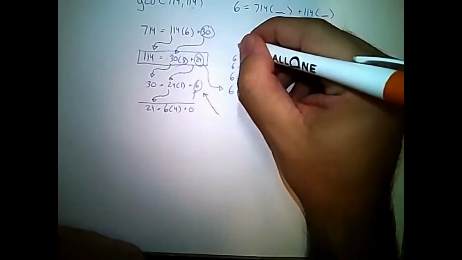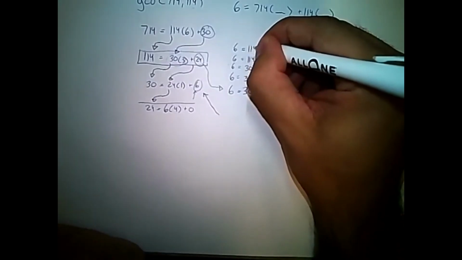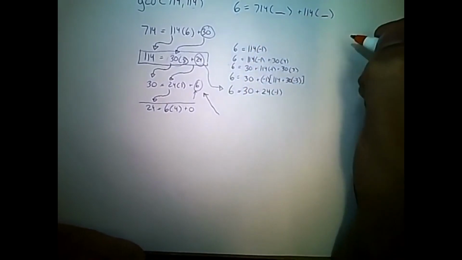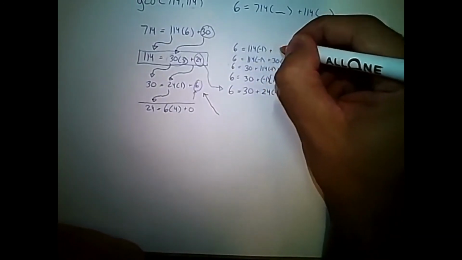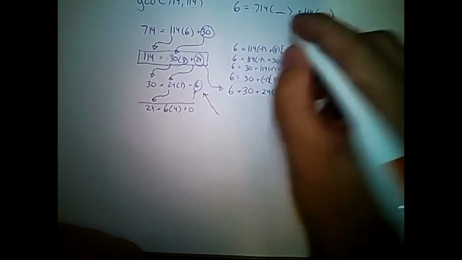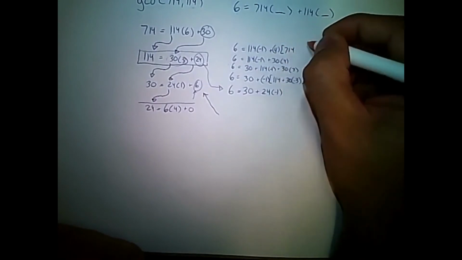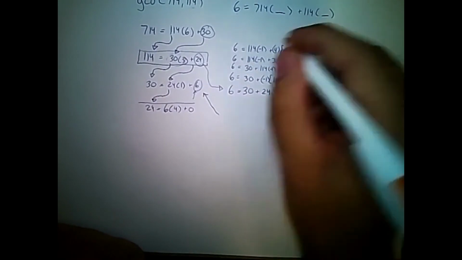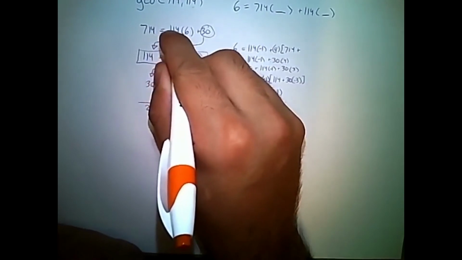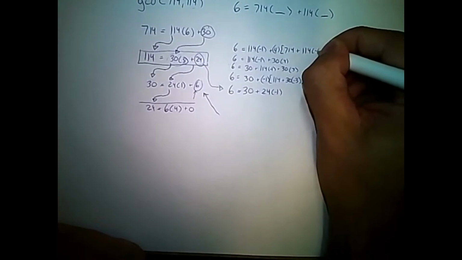So let's do that. 6 is going to be equal to 114 times minus 1 plus, I like to move the 4 out front here, and then working with this side of the equation, 714 plus the part that we're moving over, 114 times negative 6.